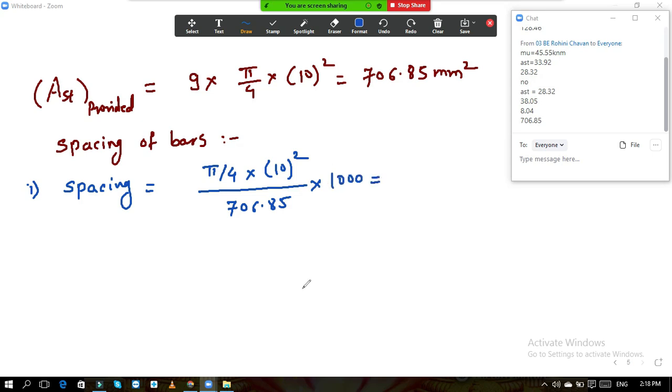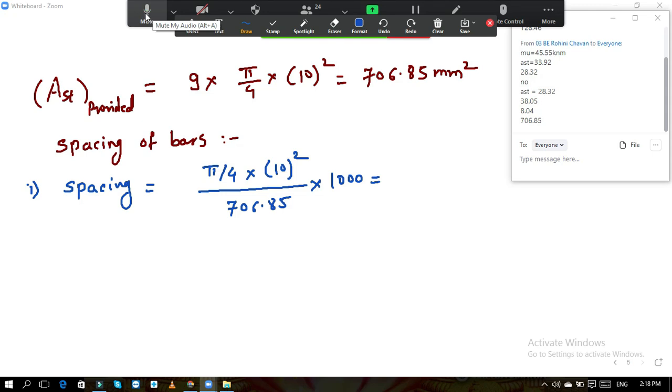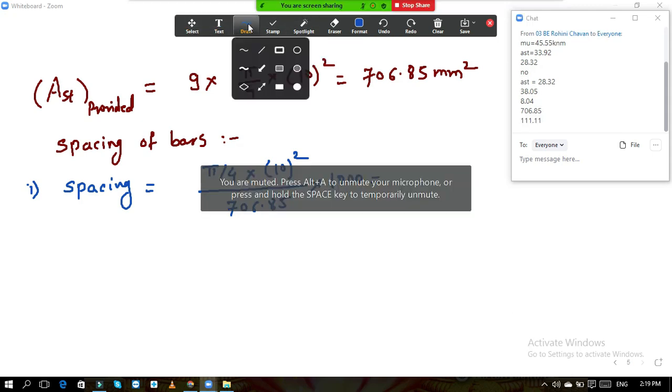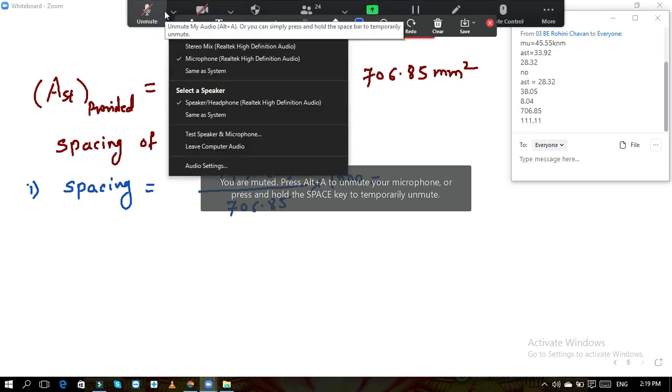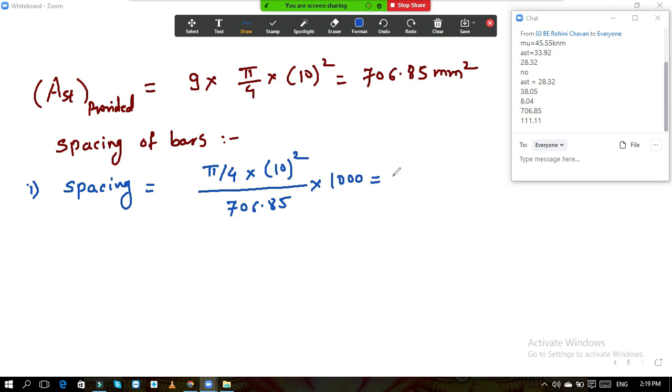So you will get the spacing. Just wait, you calculate the spacing. So what is the spacing now? 111.11. So we will round down this value to 110 mm center to center. You know that we always reduce the spacing.